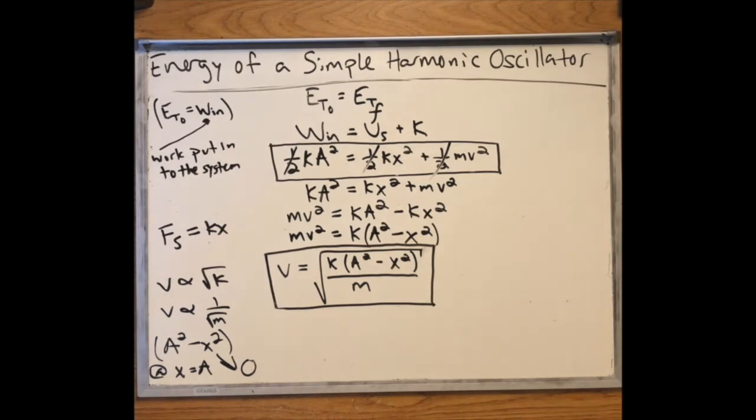Now, that's something you probably already realized on your own when you were looking at those graphs in the beginning, because the slope of the tangent line is getting steeper and steeper until it gets to the equilibrium position. So the equilibrium position is where the object is going the fastest.